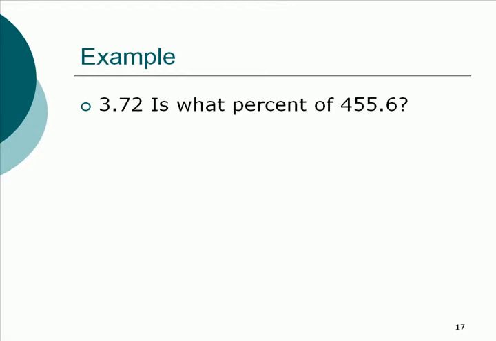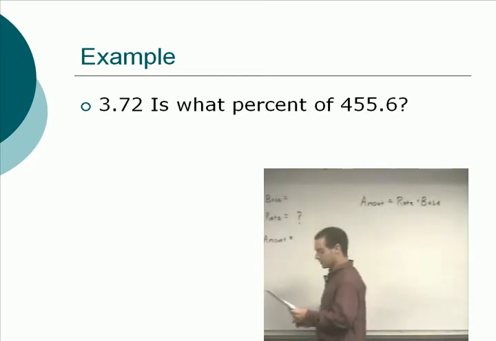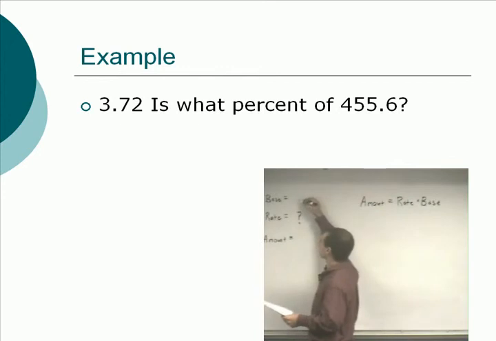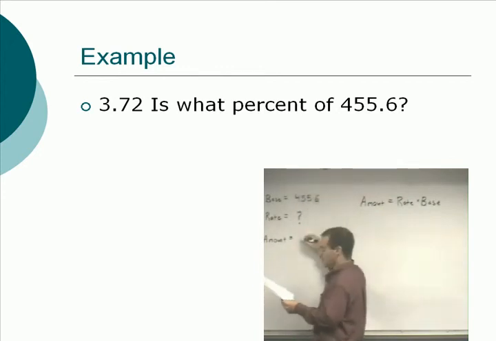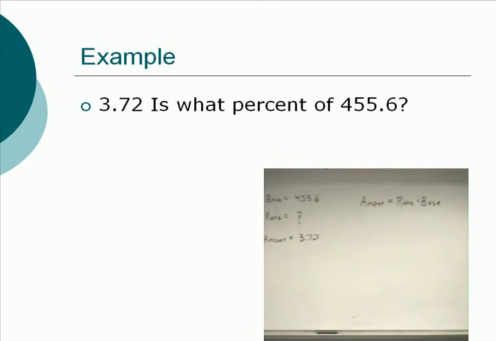Base, rate, amount, which one are we looking for? We do not know the rate. We do know the base then. The base is 455.6, which means our amount is 3.72. Again, you can usually just tell by the way the problem is stated, but 3.72 has to be your amount. It's next to the word is.